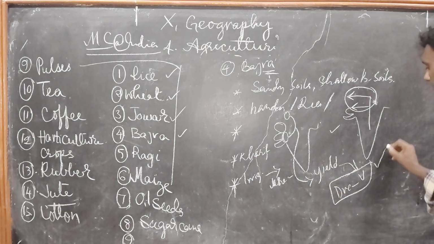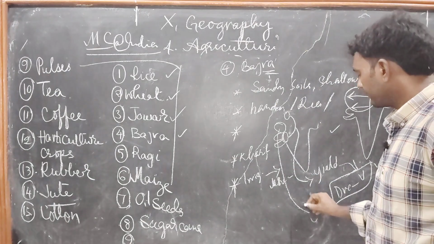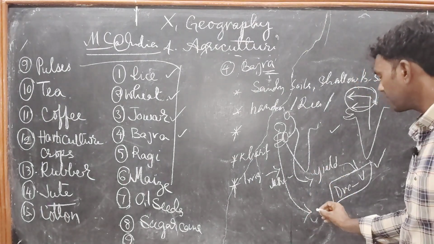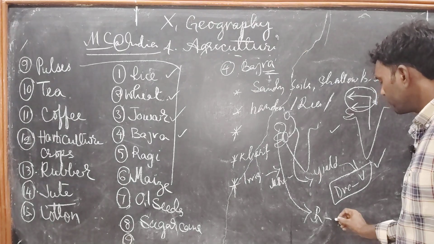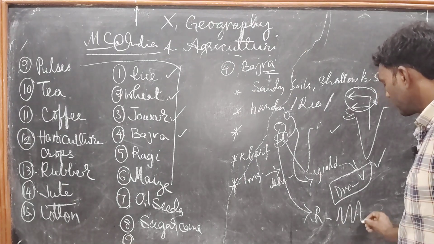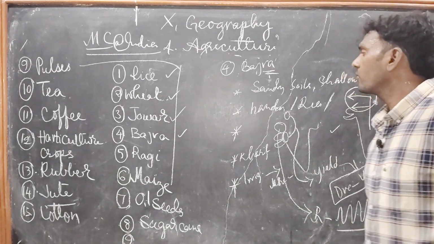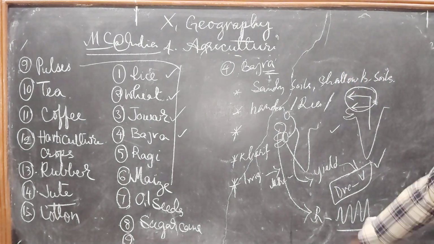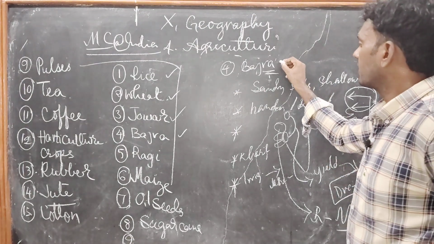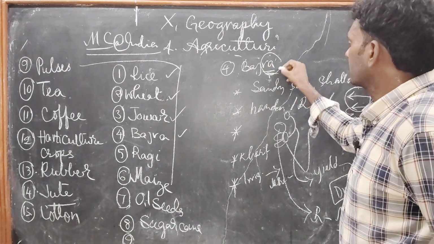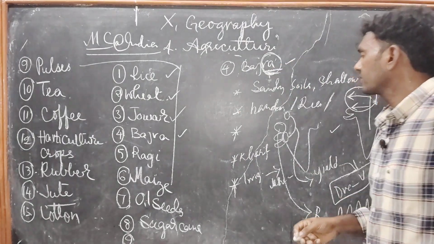Coming to Rajasthan, in this area, the crop yield is fluctuating year by year. Why? Because it is based on the rain. It is about the bajra. It is also having importance. You can remember like this. The highest producing state of bajra, Rajasthan, you can underline it.